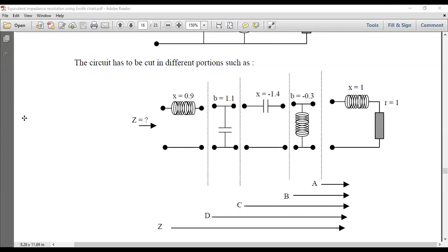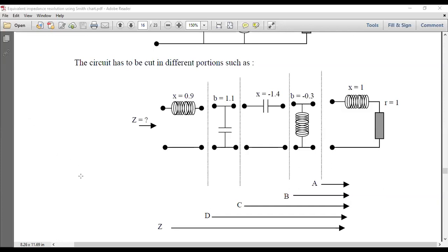Okay, simultaneously we will go on the Smith chart. If you have opened the Smith chart, you can plot 1 plus jx. So 1 plus jx, that plotting can be done on the Smith chart. So do it.